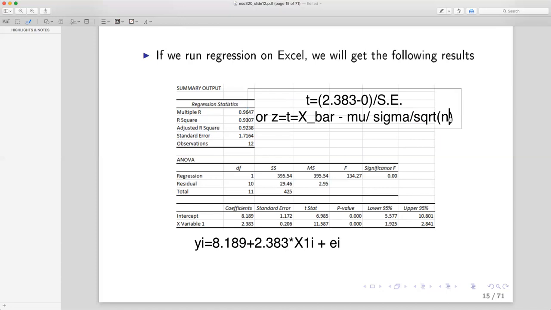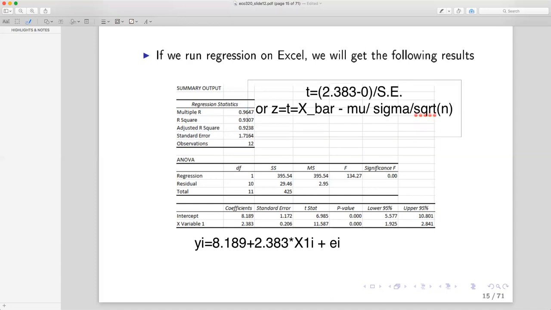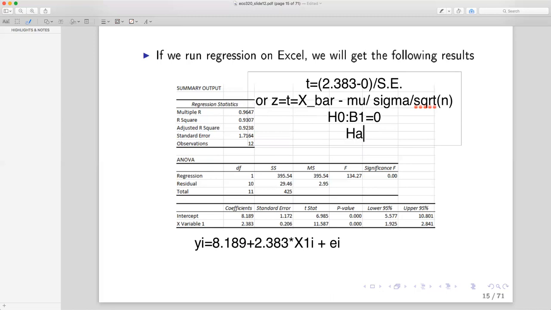For example, this is for your information and very important. The hypothesis value is always beta 1 equals 0, and the alternative would be beta 1 not equal to 0. So these are always your hypotheses.